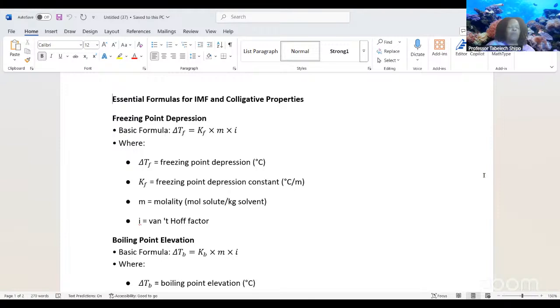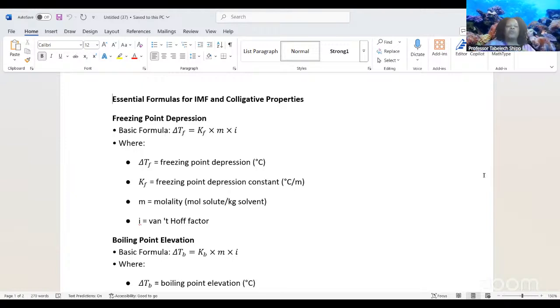Now, you've probably heard the word molality before, which sounds similar to molarity, but they are two different formulas. Molality deals with the moles of the solute divided by the kilograms of the solvent. When I say the solute, we're talking about the thing that dissolves, okay?